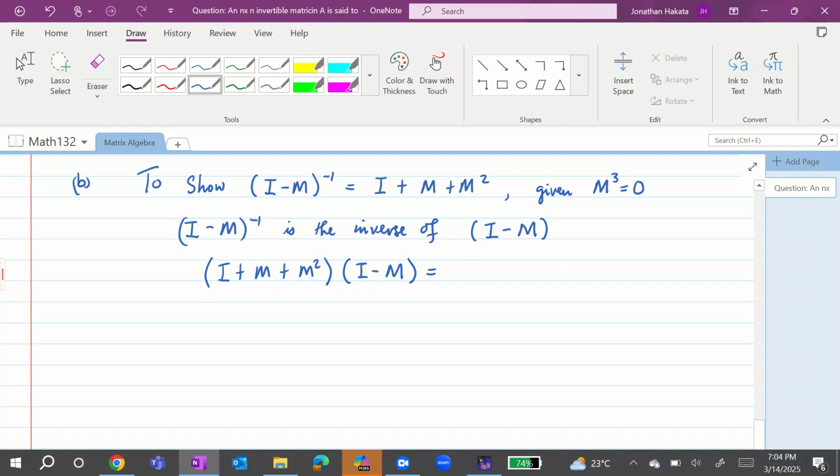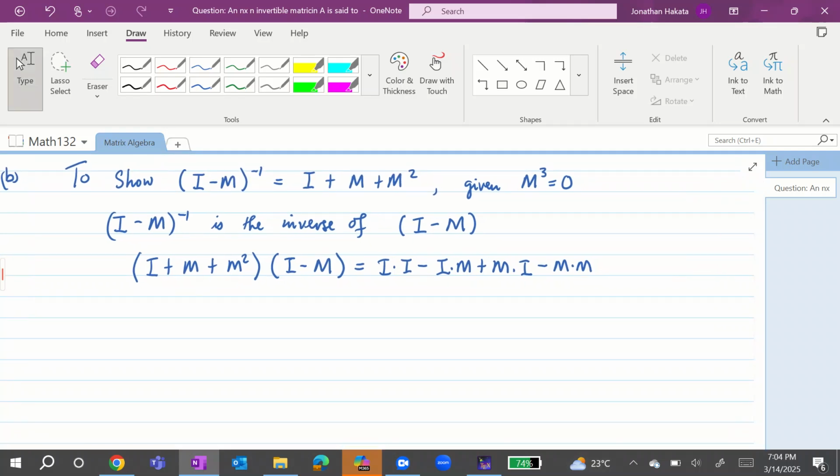It's simple multiplication, guys. I times I, we remove brackets. I times I gives us I times I. Let's not write I squared, otherwise it will be a little bit confusing. And then I times minus M becomes minus I times M. And M times I becomes positive M times I. And M times minus M is minus M times M. We will simplify in the next stage, but for now let's write it as it is.